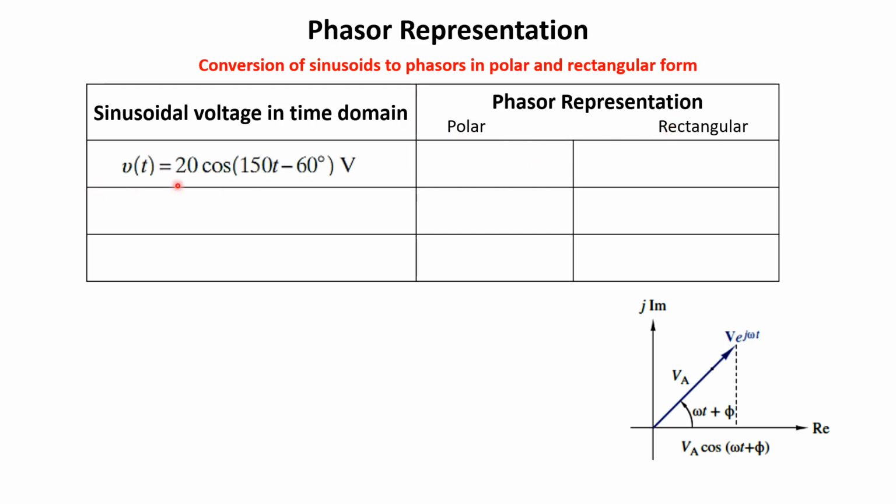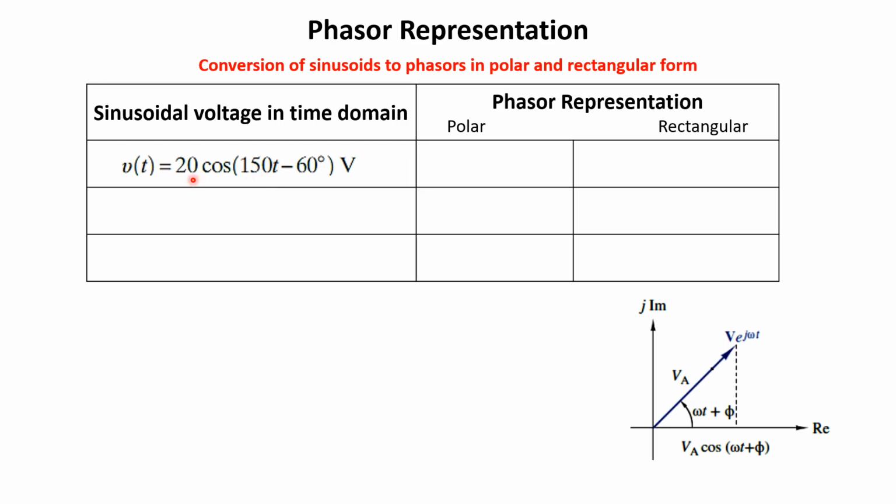Say for example, we have a cosine function with omega, which is the angular frequency in radians per second. This is 150 radians per second, and you know that omega is 2 pi f, where f is the frequency in hertz.